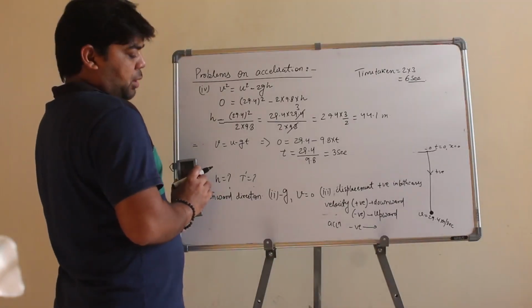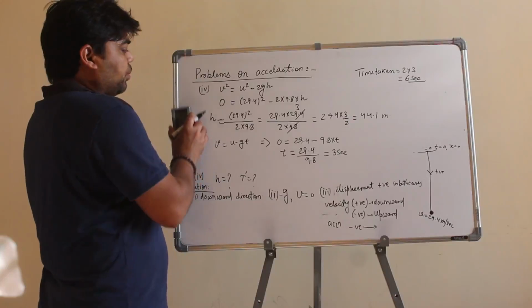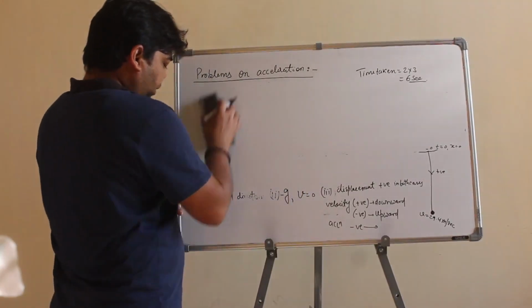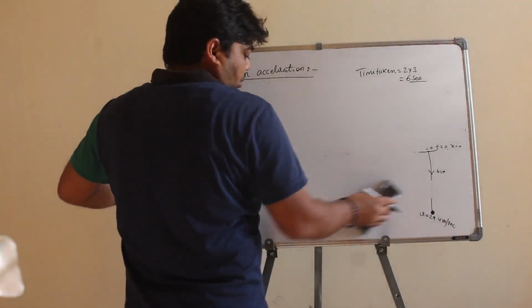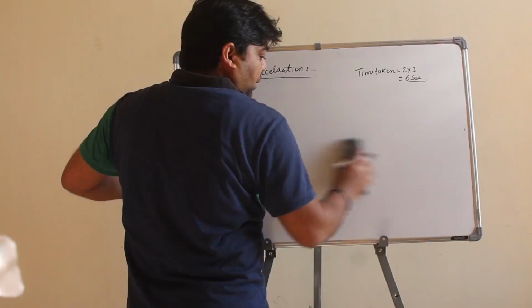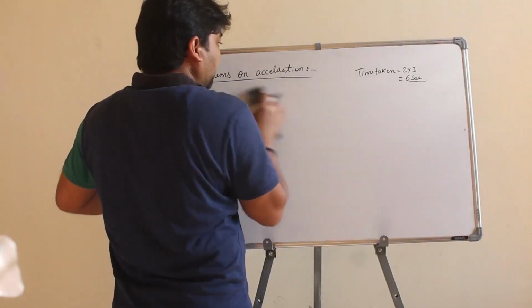Now let us go to another problem. The second problem is a graphical problem, and we will try to understand it in a better way. So what is the second problem?